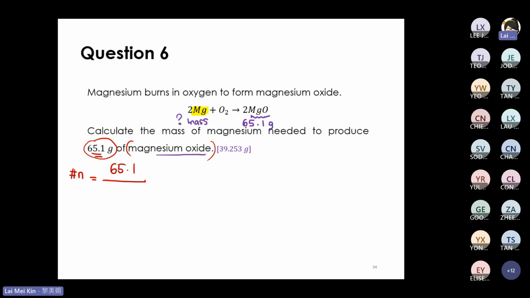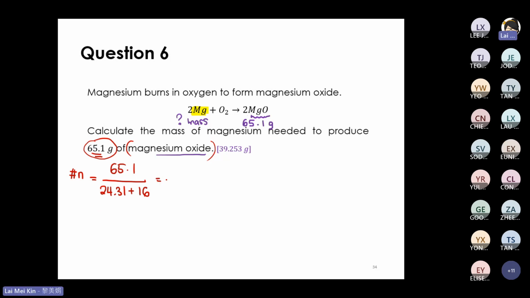MgO: 65.1 divided by the molar mass. So magnesium 24.31, oxygen 16. What do you get?